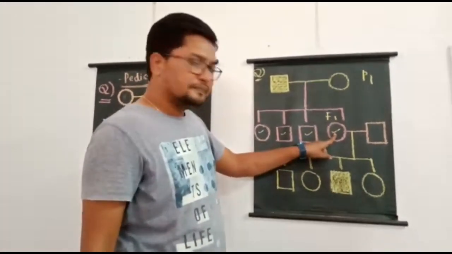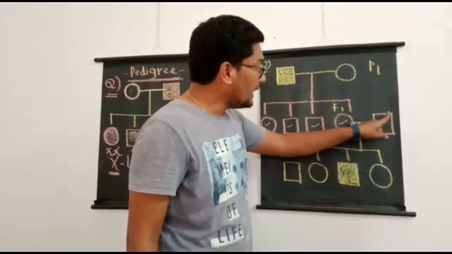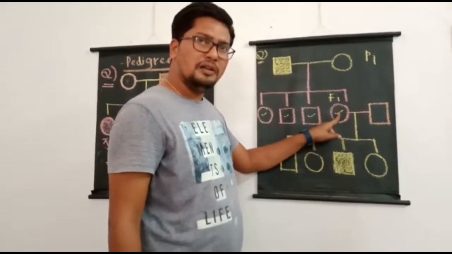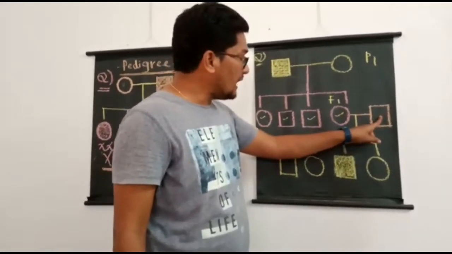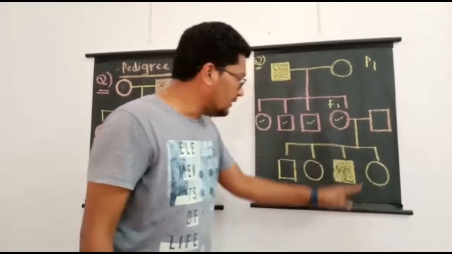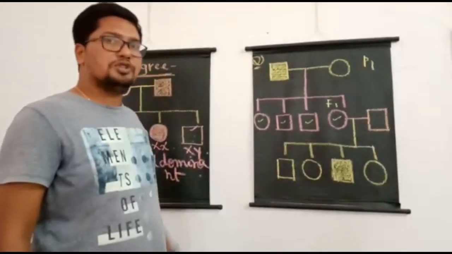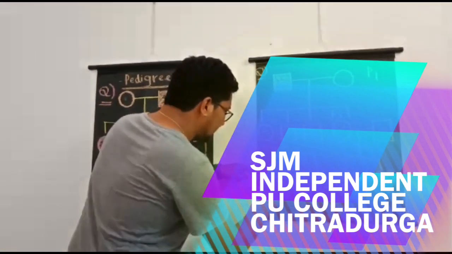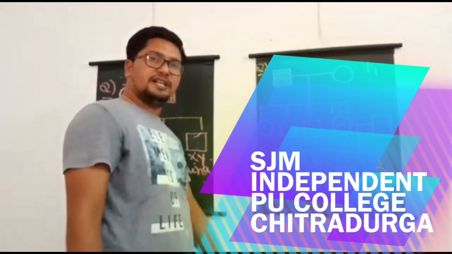And let me continue this chart here. The F1 female married a healthy male, and I already told you this female is also normal. So a normal female married another normal male, and once again this couple has got how many children? 4 children. And out of the 4 children, I can consider this generation as which generation? F2 generation.